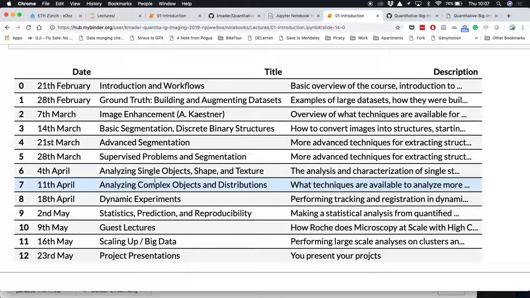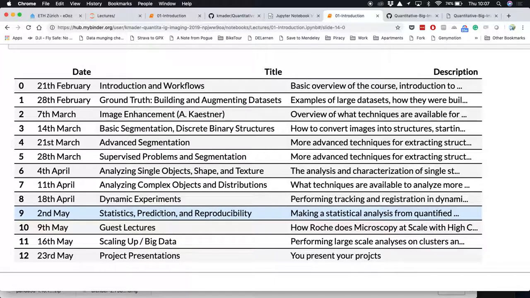Then how can you bring all that together to analyze lots of cells? How well aligned are cells? What pattern do they form? Do they cluster? Are they spread out? Then we get into dynamic experiments: how do you take these tools and apply them to a whole time series of data and know that you're getting reasonable results out?